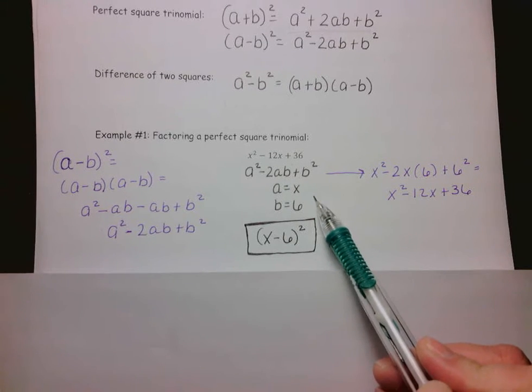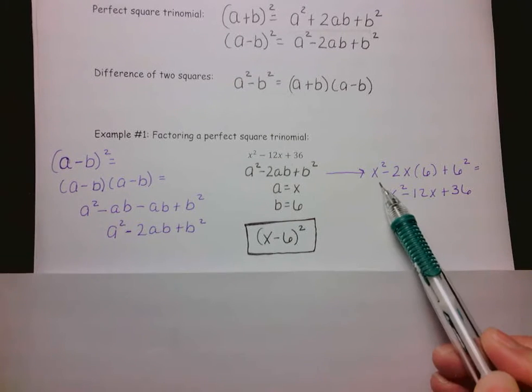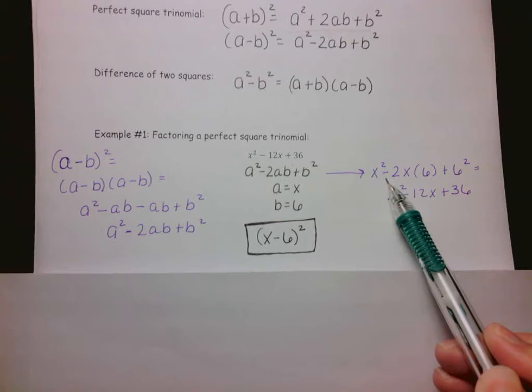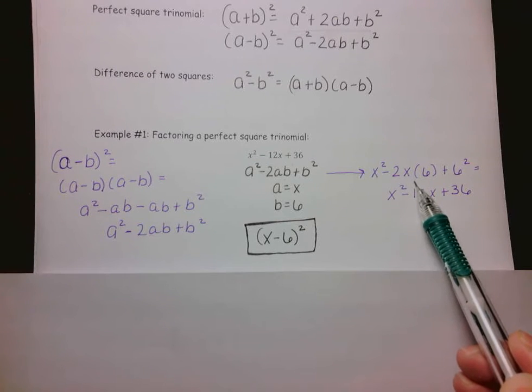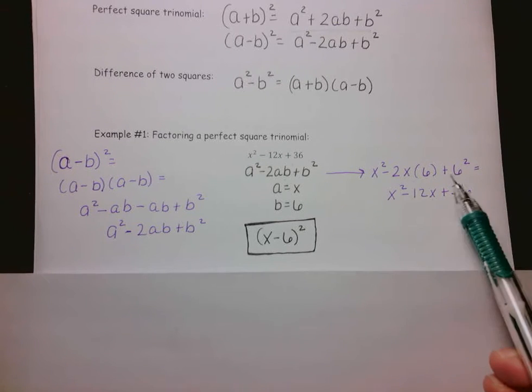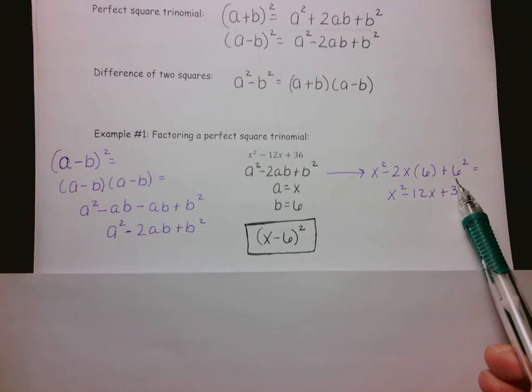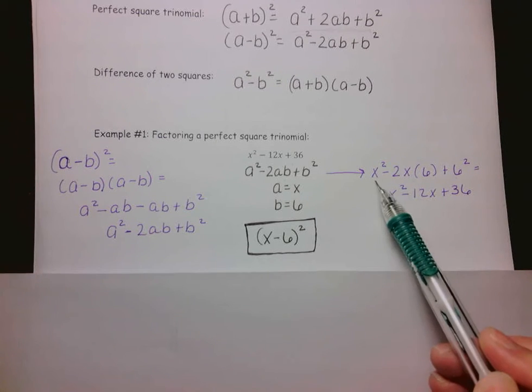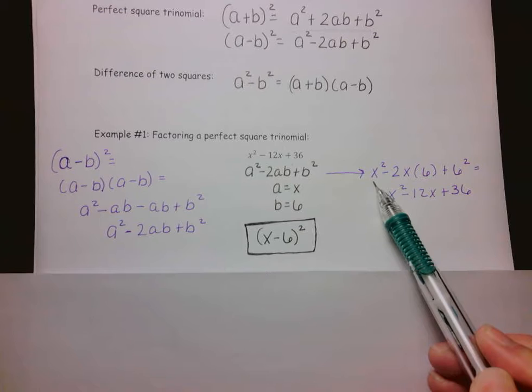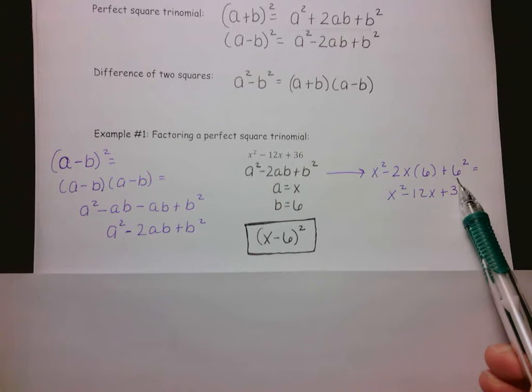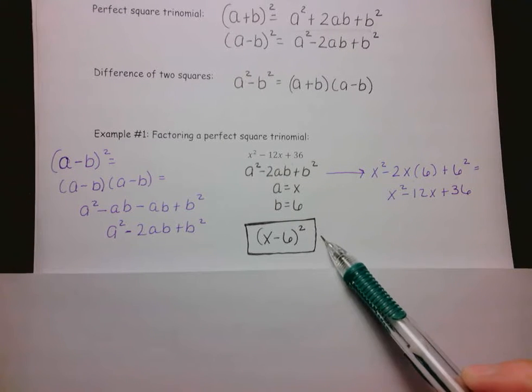And a is x and b is 6. A squared minus 2 times a times b plus b squared. So this is why a is x and b is 6. So this is going to be your final answer, x minus 6 squared.